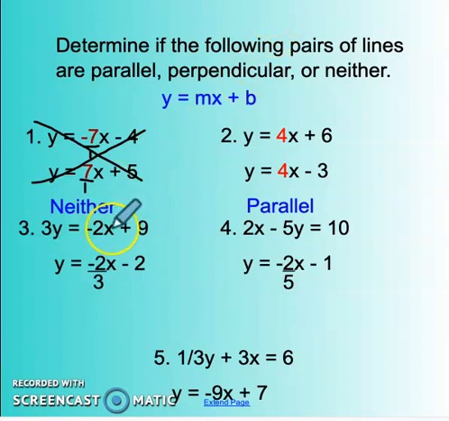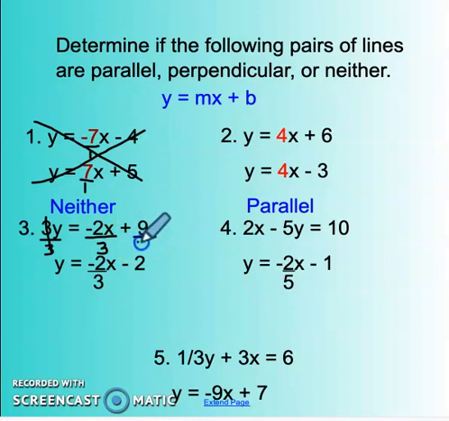Exactly. We need to divide by 3. If we divide by 3, 3 divided by 3 would be 1. And so we made it as 1y. But if you divide this left side of the equation by 3, what do you have to do to the other side? We need to divide every single term by 3.